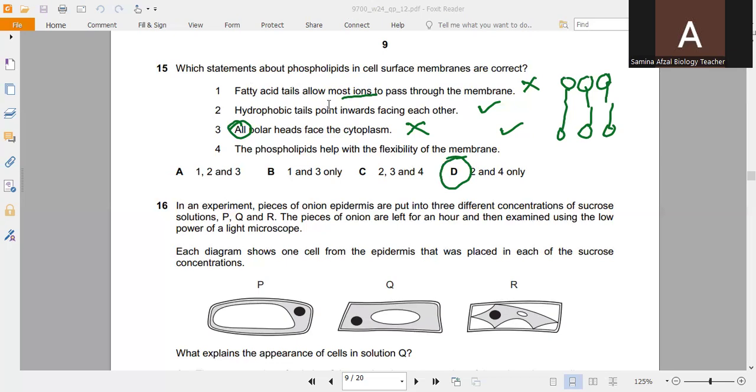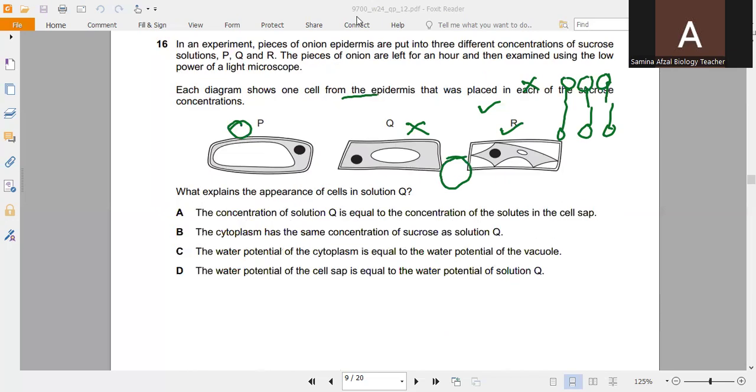Now we are moving towards the question number 16. Question number 16 is, in an experiment, pieces of onion epidermis are put into three different concentrations of sucrose solution, P, Q, and R. So the pieces of onion are left for an hour and then examined using the low power of light microscope.